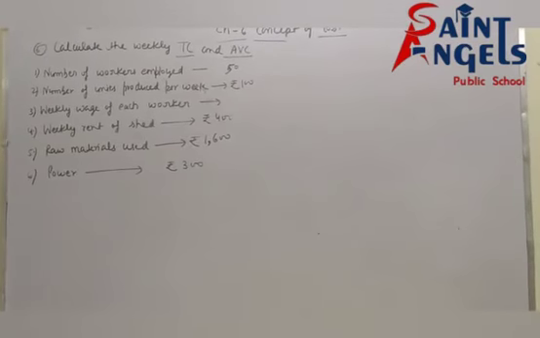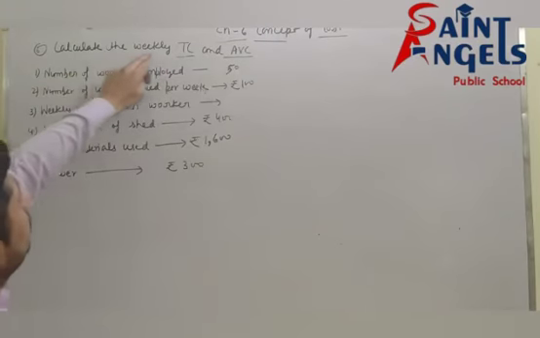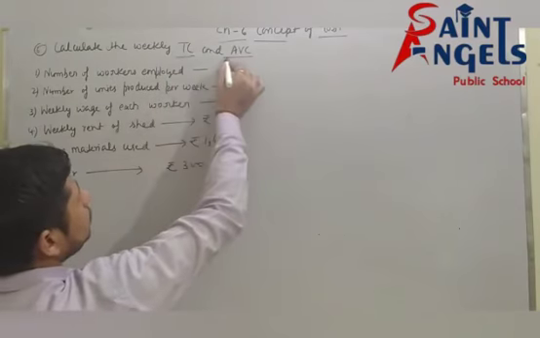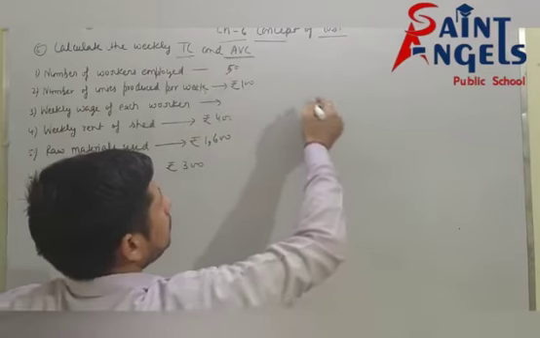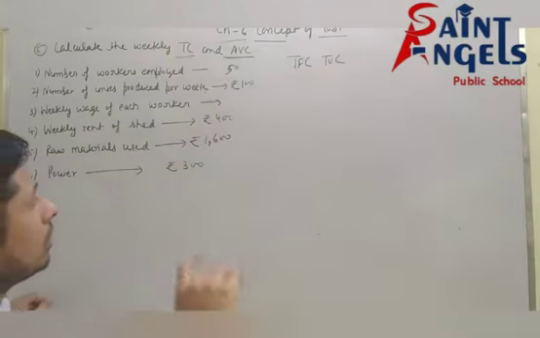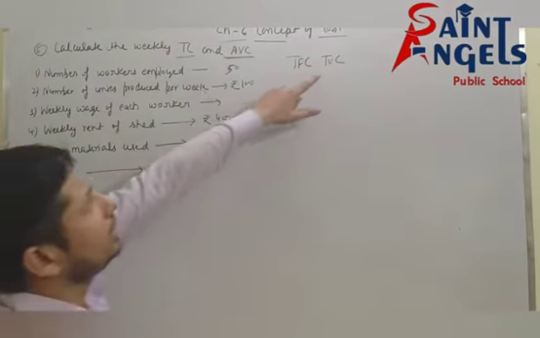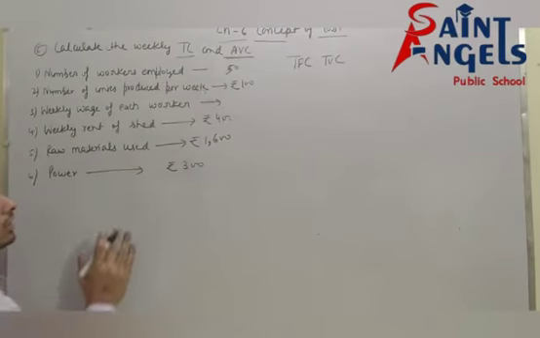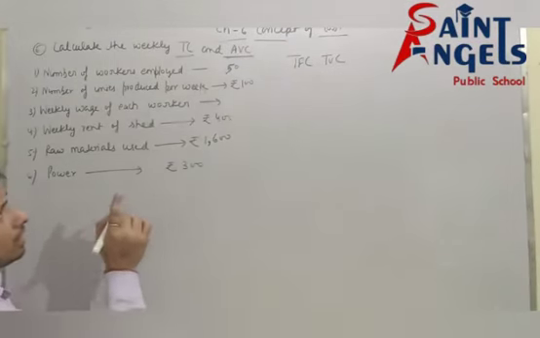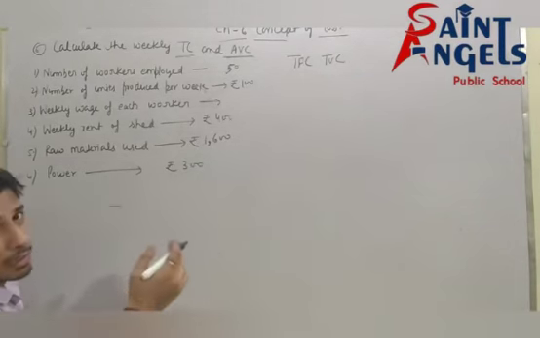See next question. Calculate the weekly total cost and average variable cost. To find TC or to find AVC, first of all we will find TFC and TVC, but you can't find TFC and TVC if you don't know the examples of TFC and TVC. So to solve this type of question, first of all I am writing here the examples of TFC and TVC, then you will understand better.